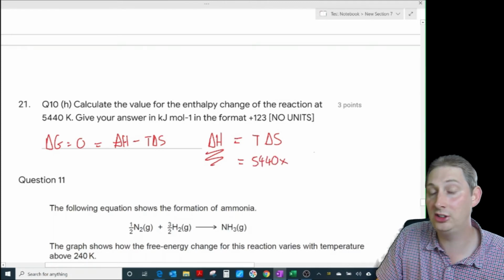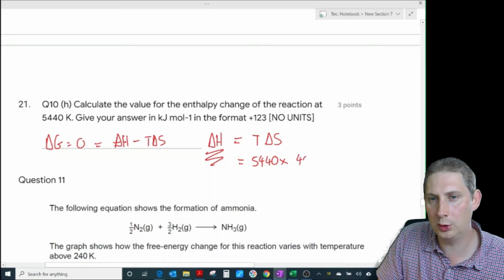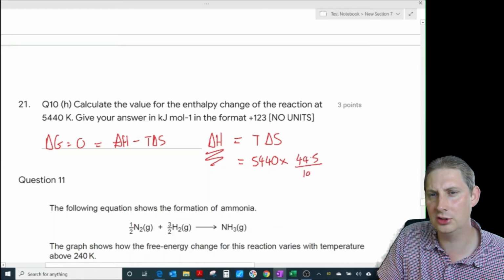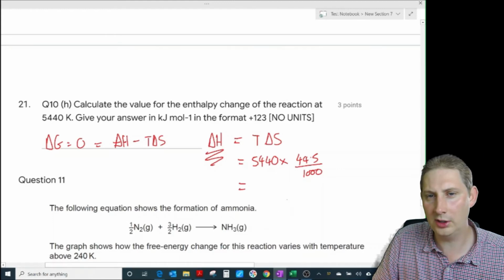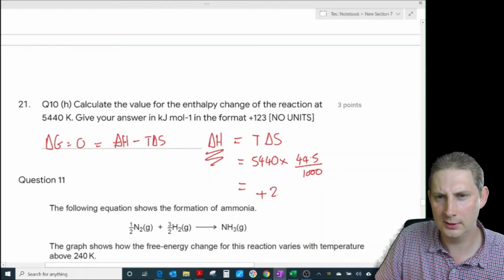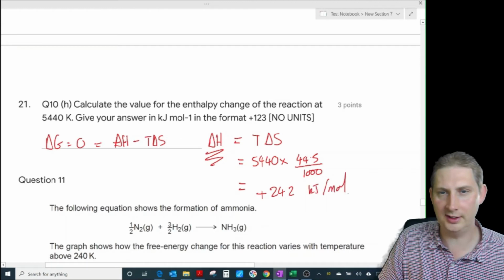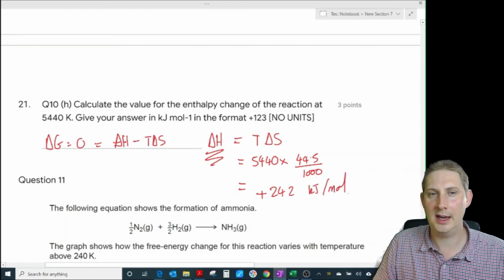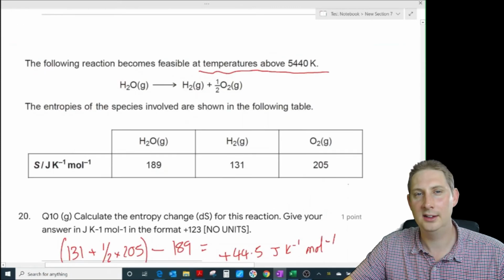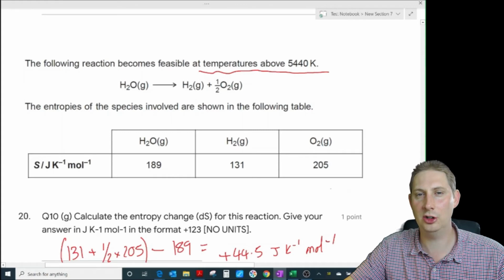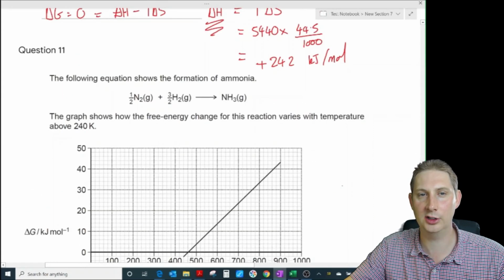The entropy change in joules per Kelvin per mole is 44.5, but let's put that in kilojoules, and we get an answer of 242 kilojoules per mole, positive there. Okay, so it's an endothermic reaction. Does that make sense? Yeah, of course it is. We're splitting water into hydrogen and oxygen. We would expect that to be endothermic. We know that goes via electrolysis.